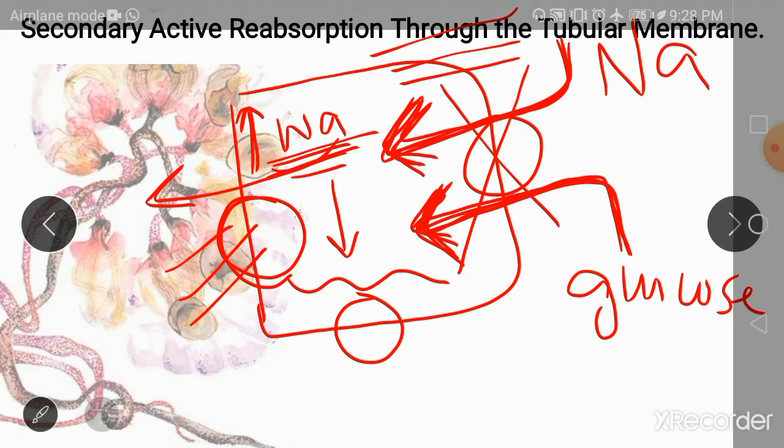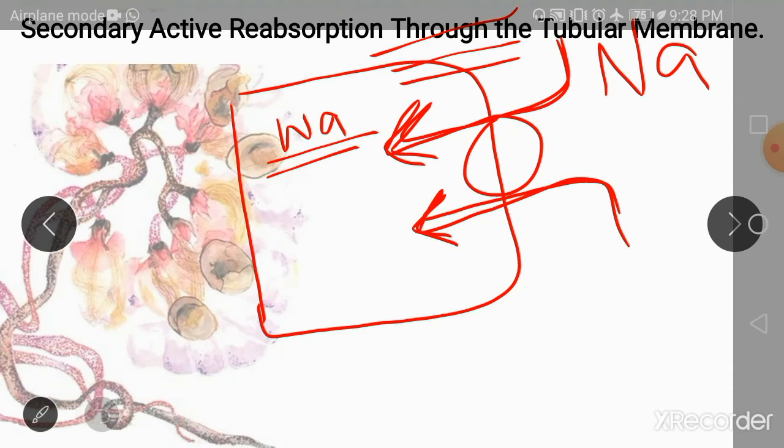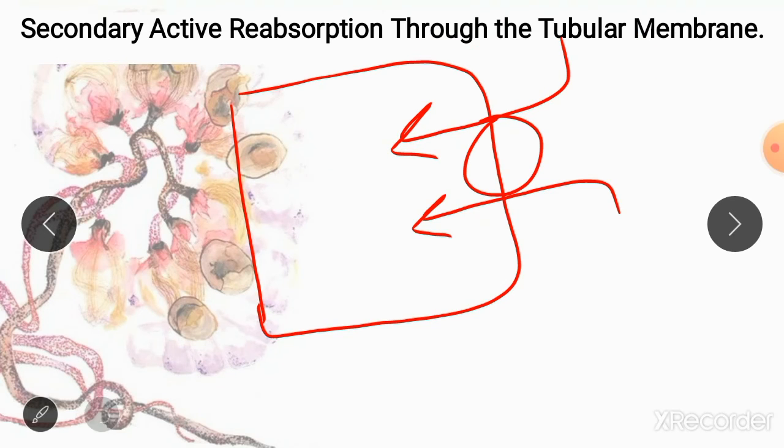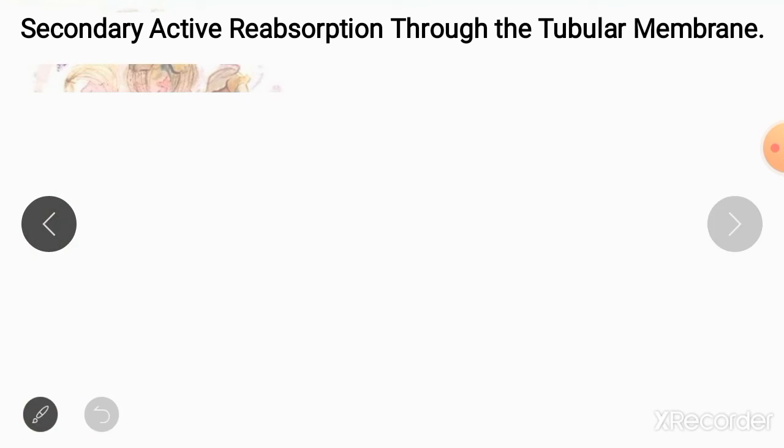So let me explain this in the form of a definition: whenever there is movement of substances against their concentration gradient, but there is no direct cleavage of ATP, instead the energy is being provided in the form of sodium gradient, this is known as secondary active transport.